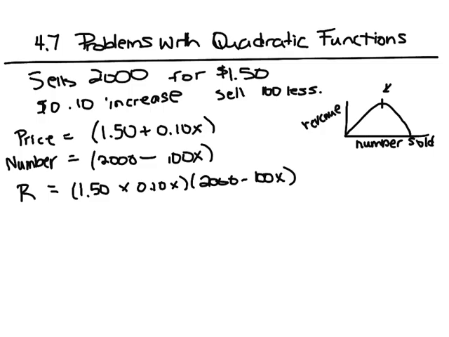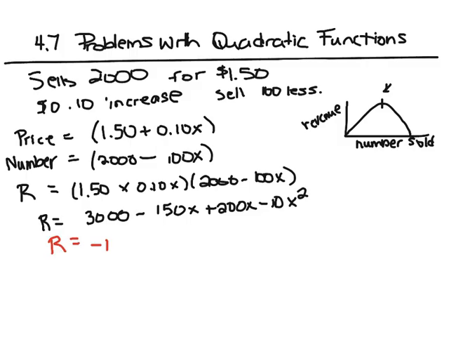First we're going to multiply this out, so R is equal to 3,000 minus 150x plus 200x minus 10x squared. So our final equation is R equals negative 10x squared plus 50x plus 3,000.